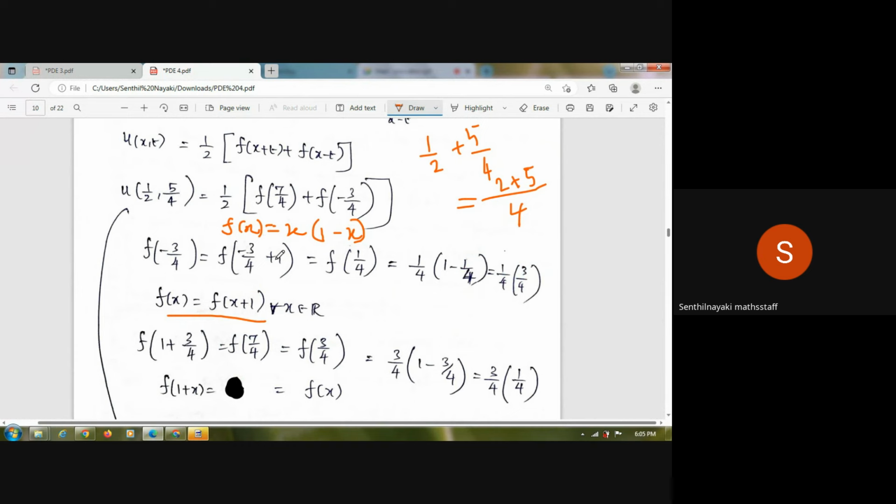Therefore 4 into 1 is 4, 4 minus 3 is 1, f of 1 by 4. So with the help of this formula, f of x equal to x into 1 minus x, x is 1 by 4 and then 1 minus 1 by 4 is 3 by 4. So we get 3 by 16. So this value is 3 by 16.